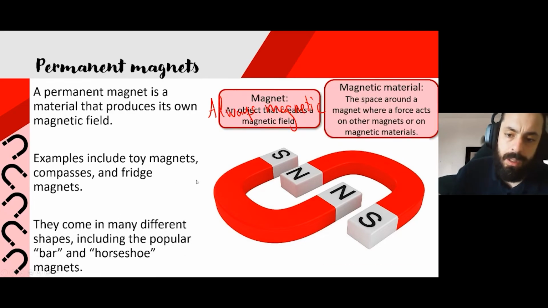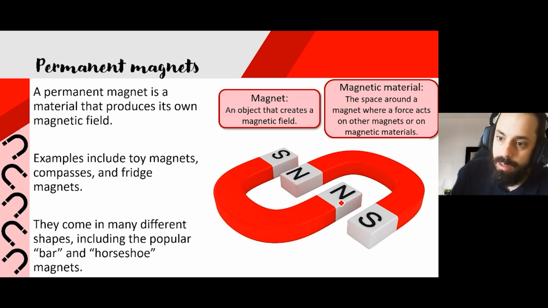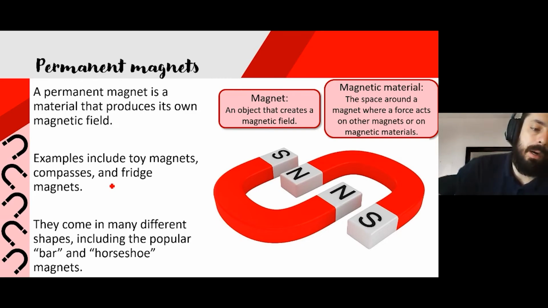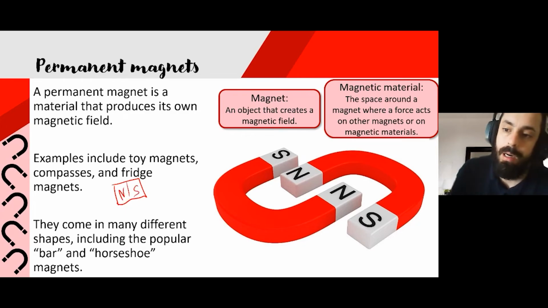Okay, so most popular shapes are the horseshoe magnet, which is this one. If you notice, it's similar to a horseshoe. And then the next one would be the bar magnet, which is this simple one. Okay, it looks like a little bar.